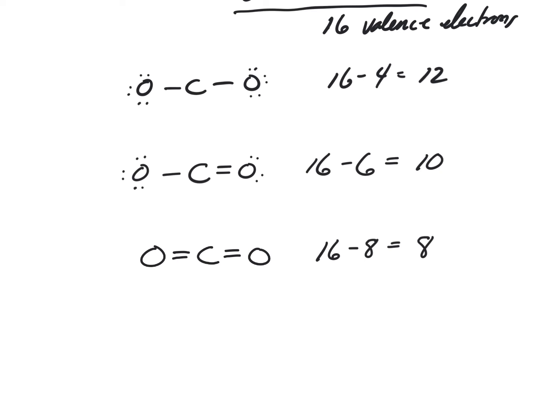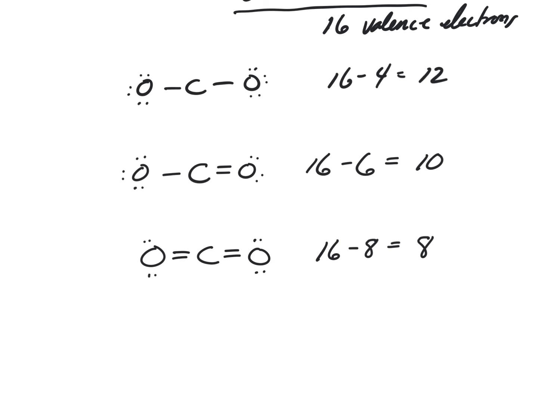I'm going to distribute that 8 around this molecule. 1, 2, 3, 4, 5, 6, 7, 8. Bingo, we got it. We've got 8 electrons around this oxygen, 8 electrons around that oxygen, and 8 electrons around that carbon. This is great. We're good. We're done.